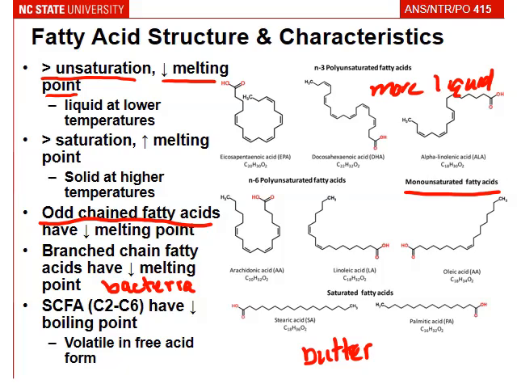There are some species, for instance, lamb. One of the reasons it has its very specific odor and taste is because lamb has a lot of branched-chain fatty acids, and that's mainly not because the lamb is making them, but because the microbes within the rumen are making these branched-chain fatty acids. That's what's giving them their distinct flavor and taste.